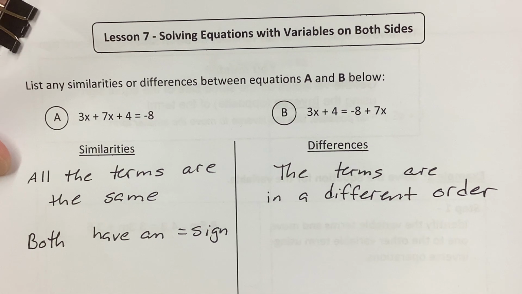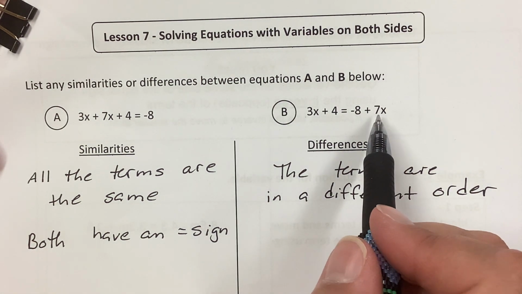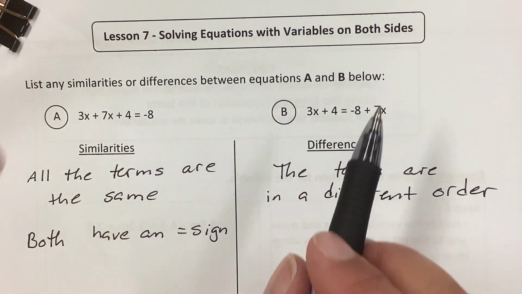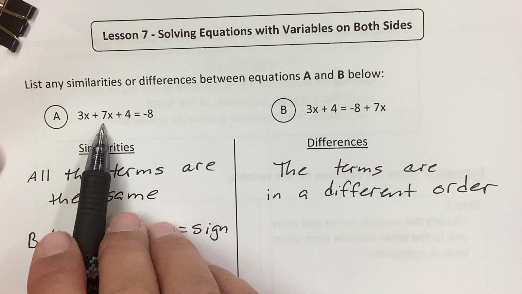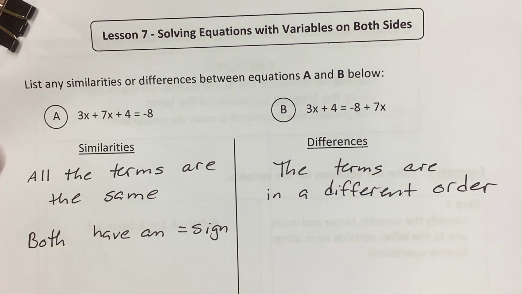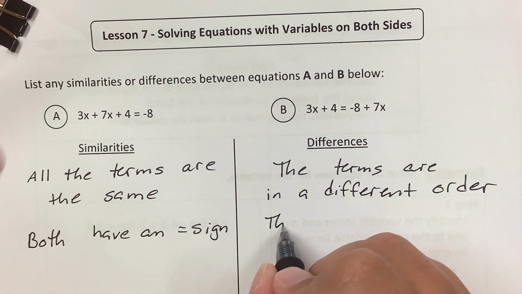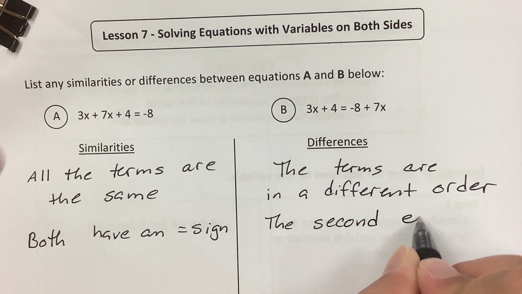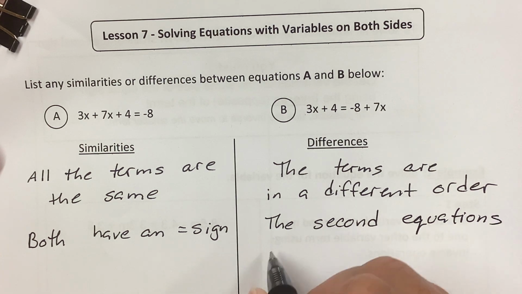And, oh, the 7x is on the right side of the equal sign here and on the left side of the equal sign here. So for this first one, the x's are on the same side. For the second one, the x's are on different sides. So the second equation has variables on both sides.